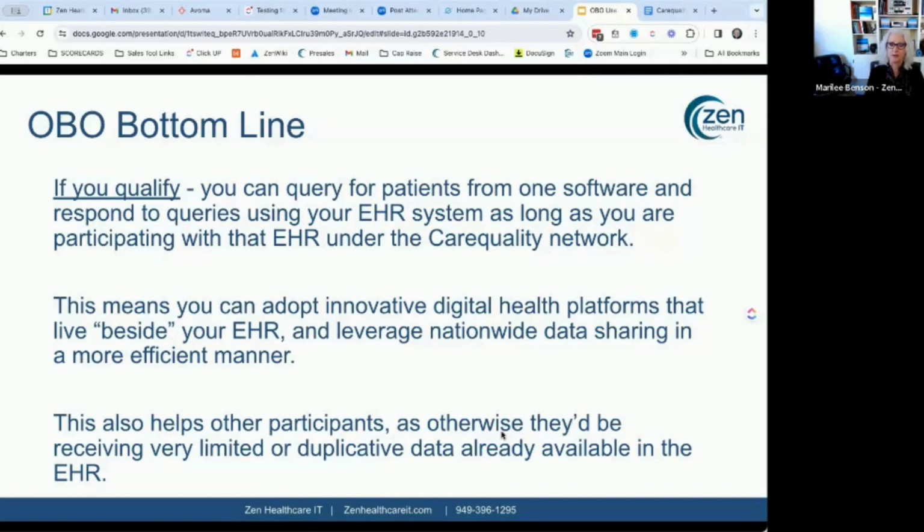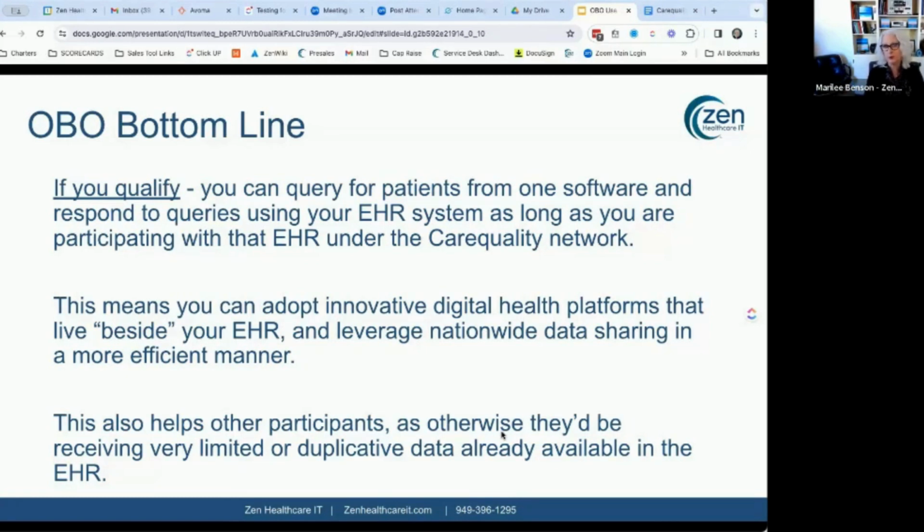That's because if we really didn't give those digital health platforms any way to simply point back to the EHR system that actually holds the clinical data, then those digital health platforms would have to try to come up with some type of information to respond with. And there really isn't a lot of options for them if they're not creating new clinical data. All they're going to have available is data that's already in the EHR, already available via the EHR system.